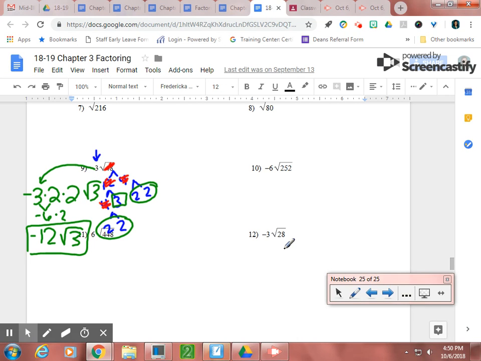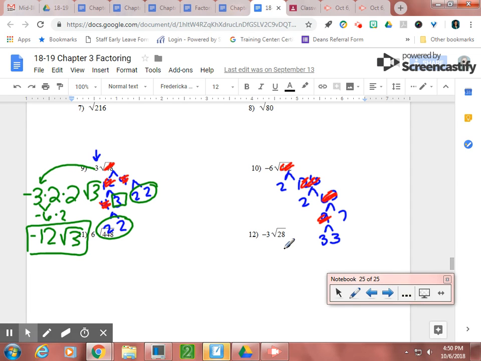Okay, same thing on this one. Break down 252 into 2, 2 and 126, which is 2 and 63, which is 9 and 7, which is 3 and 3. So then I can cross off what I've branched off of, the 9, 63, 126, and the original.